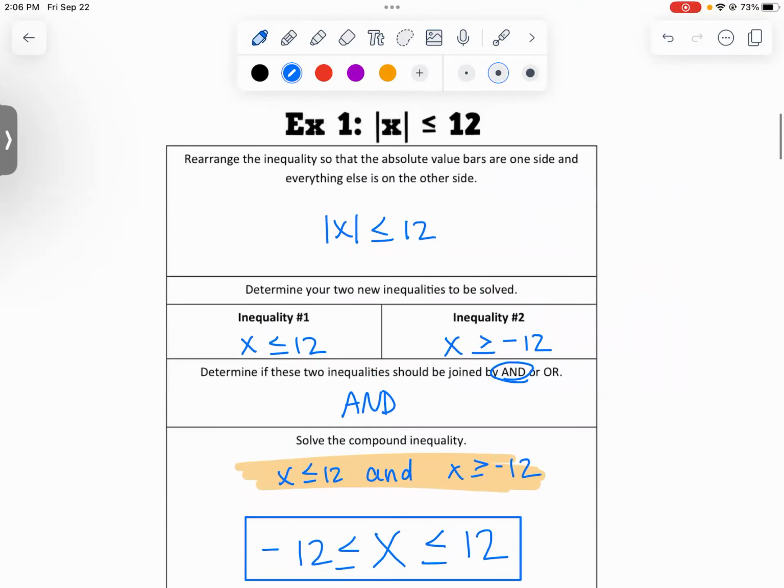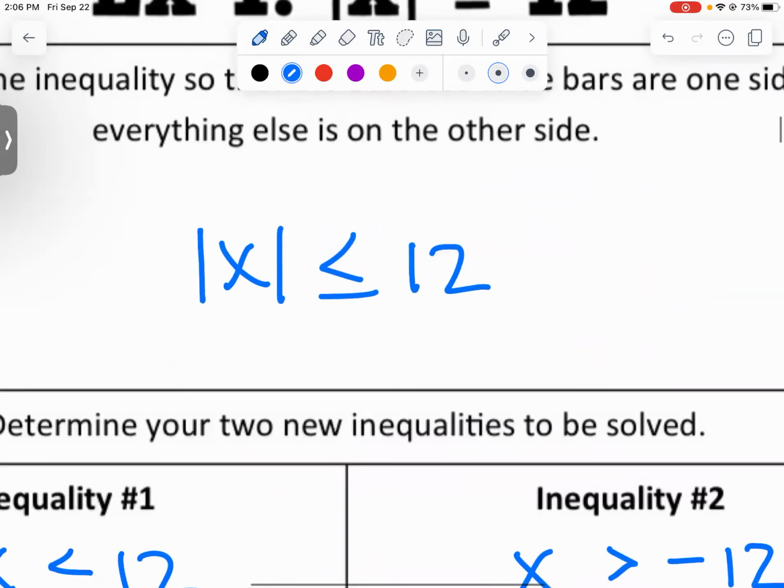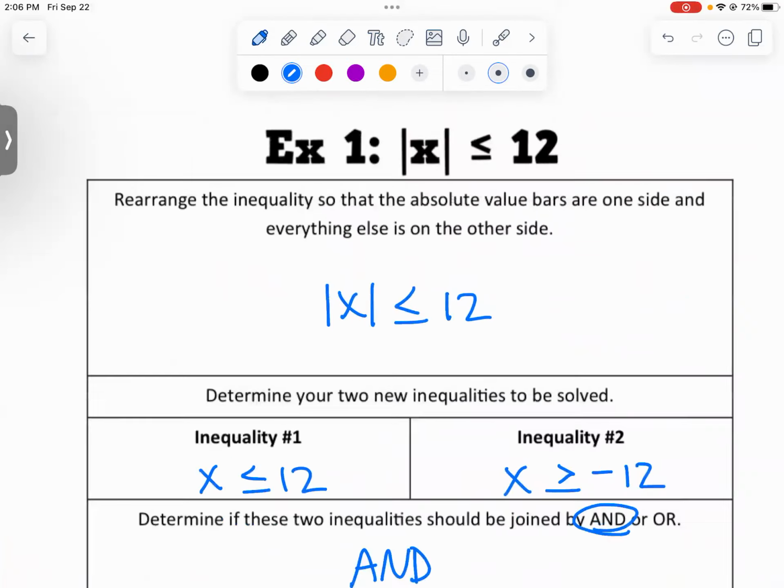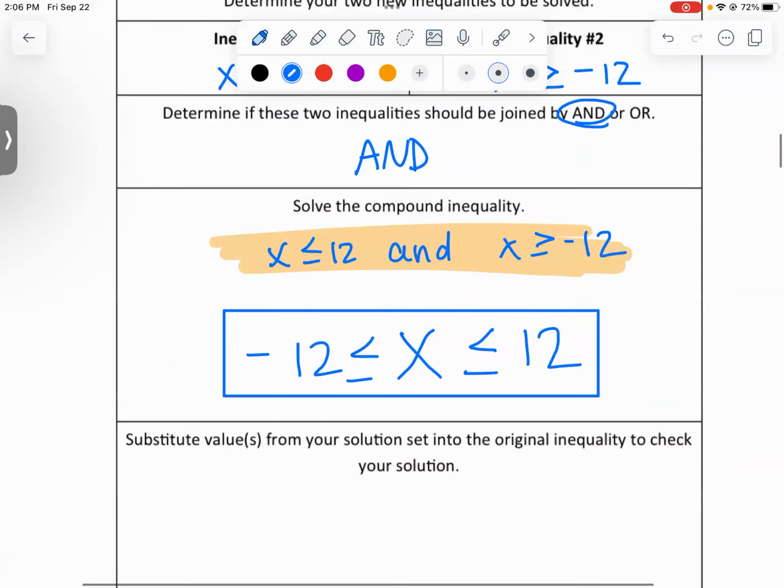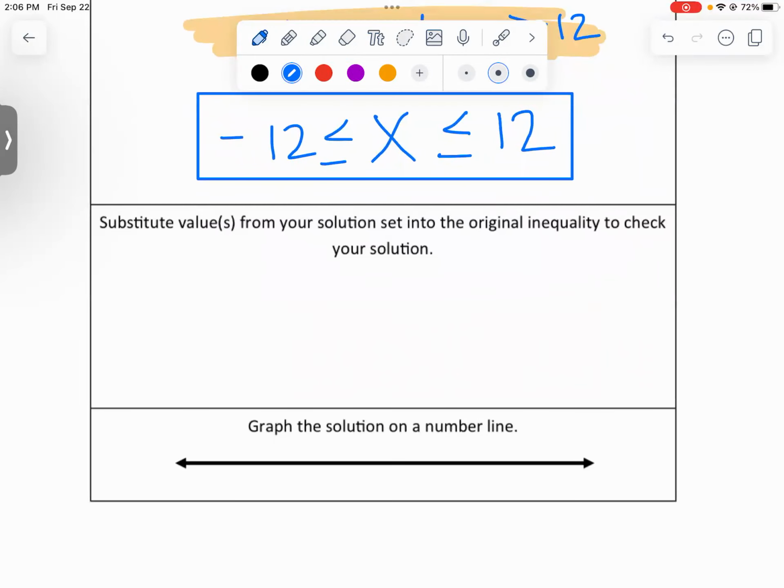If I plug in negative 12, is it going to satisfy this inequality? So when we graph our solution, what's our graph going to look like?